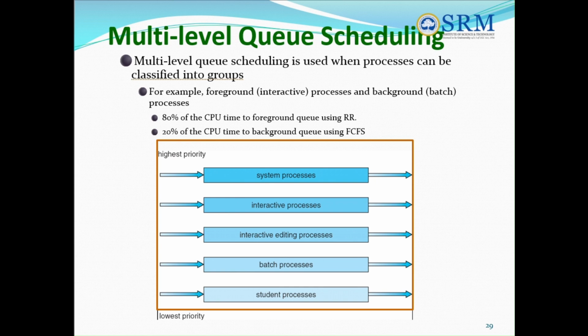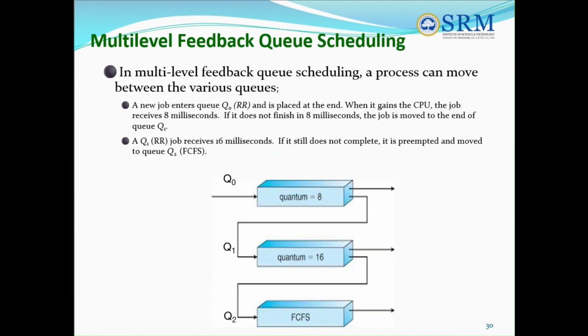And the next one is multi-level feedback queue. It is different when we compare it with the other queues. Three queues are there: quantum 8, quantum 16, and FCFS. In multi-level feedback queue scheduling, first we send the jobs based on the quantum of 8, so it starts executing the task.